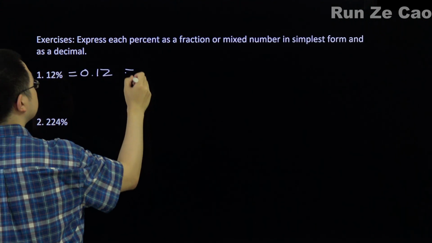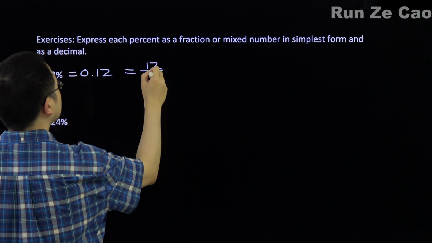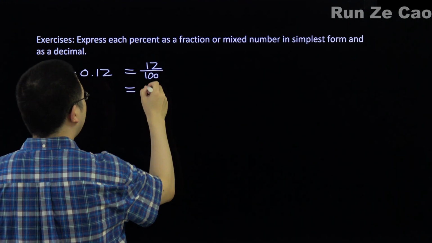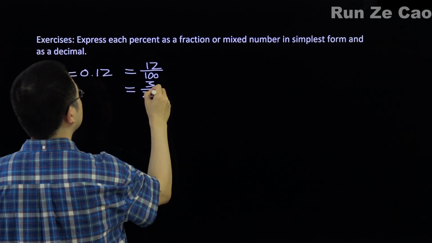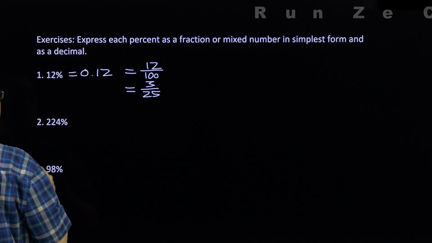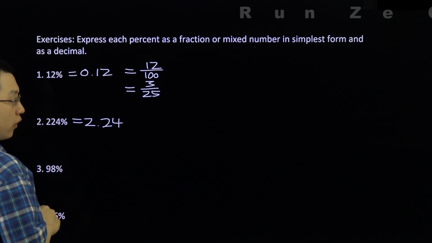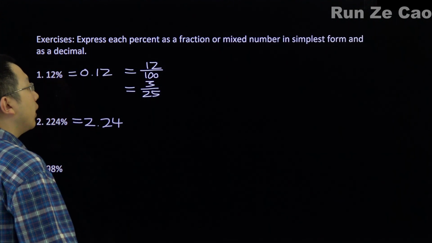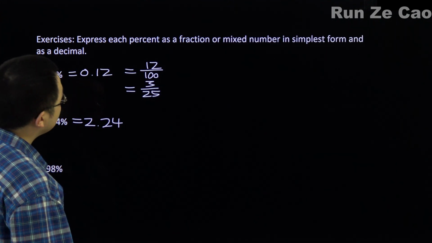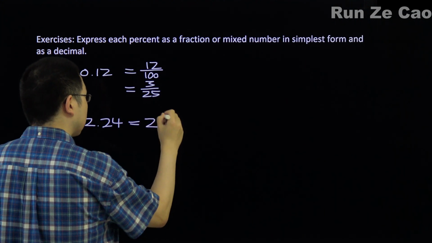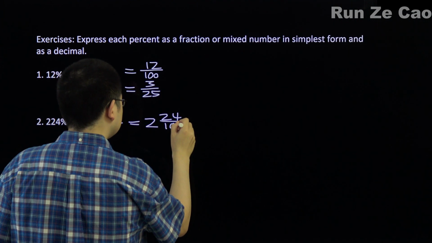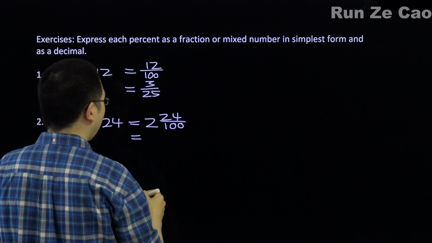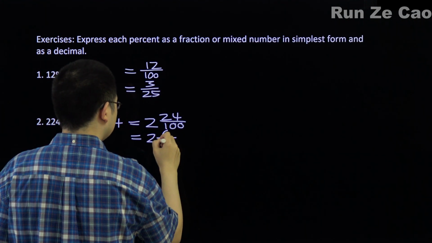It's also equal to 12 over 100, which, if we divide both the numerator and denominator by 4, we get 3 over 25. 224%, well, 2.24 is the result when you divide 224 by 100. Now, what about as a fraction or mixed number? Well, in this case, it's going to be a mixed number, so it's 2 and 24 over 100. Okay, and then we divide both numerator and denominator by 4, and we get 2 and 6 over 25.